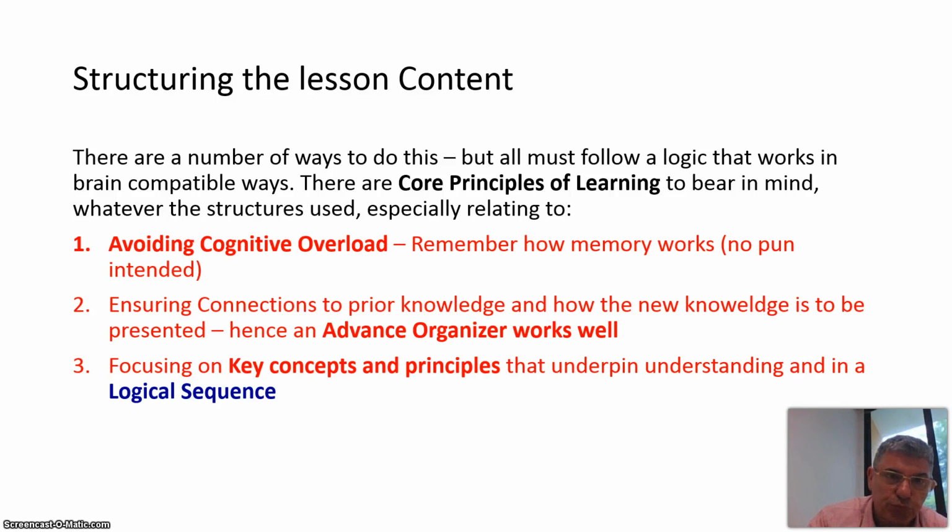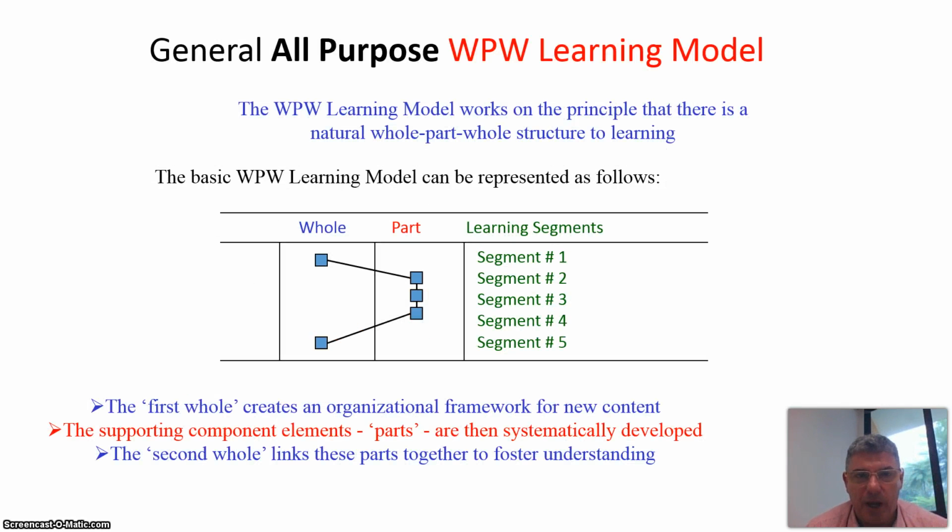So let's move on. Now, here's the all-purpose, all-part, all-learning model. And the basic idea of this, it's brain compatible, that when we look at something and we try to learn it, we try to get some overall picture of it. And invariably, we can't put it all together because there's lots of stuff.